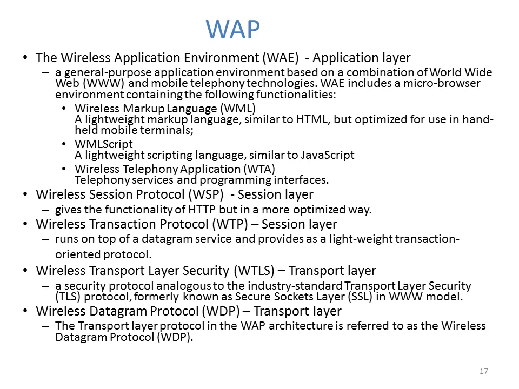This type of mobile application environment can work based on the concept of the application layer, where we can use wireless markup language, a lightweight markup language similar to HTML, then WMLScript, a lightweight scripting language, and also wireless telephony application, that is WTA. We have to use all these things to define an application environment.